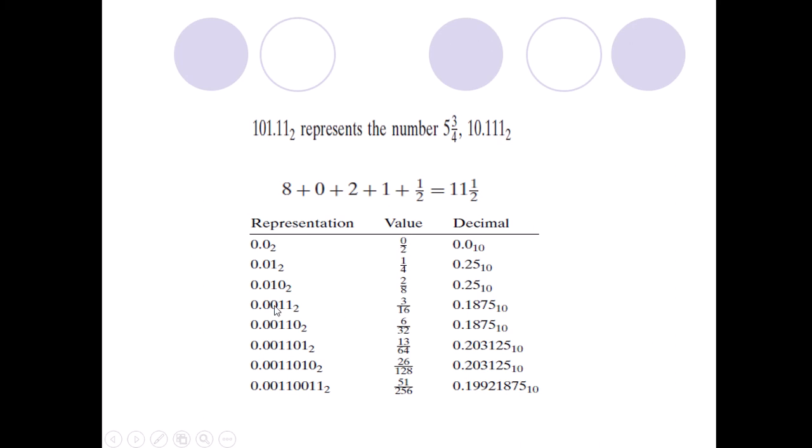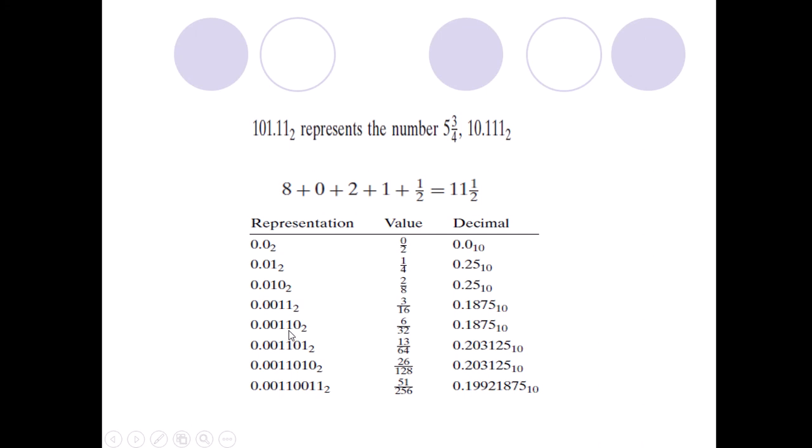In case you need to find out a fractional value from a binary number, then what you will have to do is, for example, if you consider this case, you have this number, then from the number of bits, 1 2 3 4 5, you can find out the denominator value. 2 raised to power 5 is 32, so you will write 32 here.